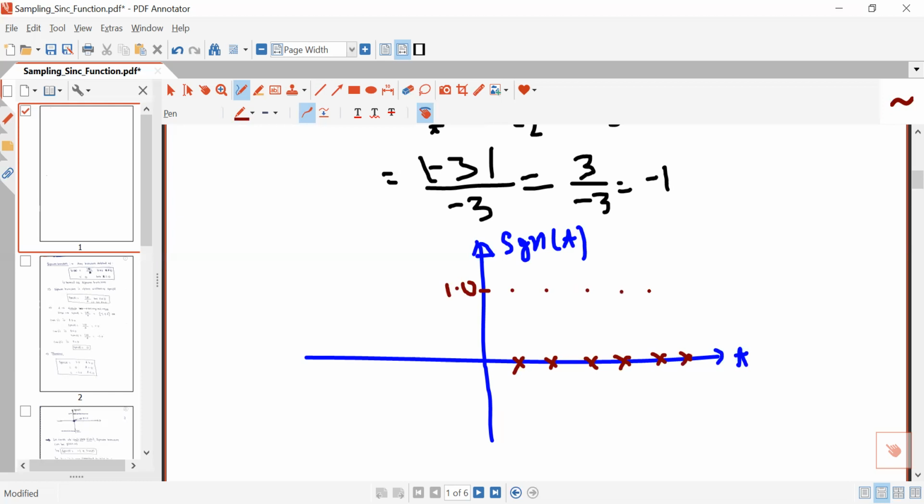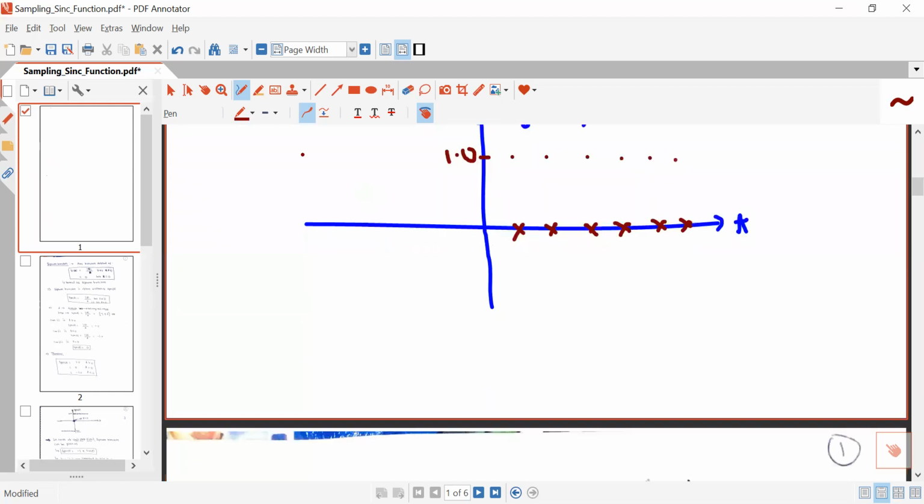You must remember this. And when you will substitute negative value of t, for example, -1, -2, -3, -4, when the value of t will be less than 0, you will get signum of that t will be -1.